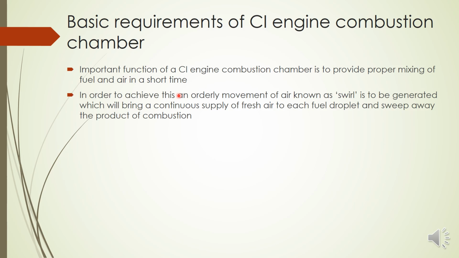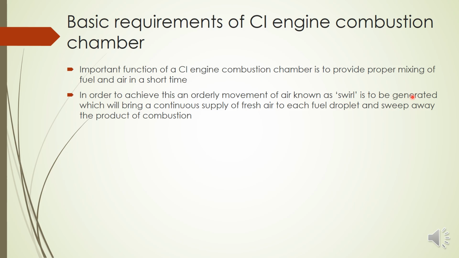And to achieve this, we require an orderly movement of air, which is known as swirl. Swirl is the circular or orderly movement of air which is to be created inside the combustion chamber of a CI engine. This is because if the air is stationary, not all the fuel particles will get air molecules, which will result in incomplete combustion.